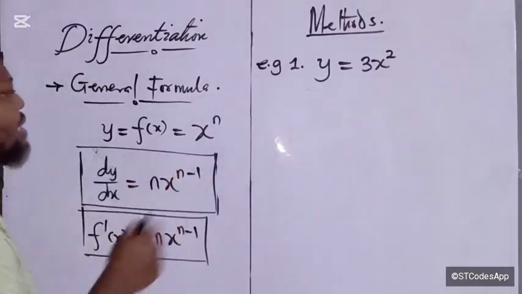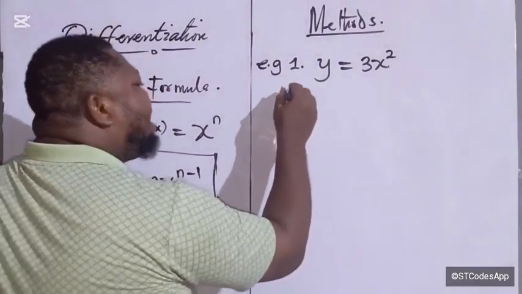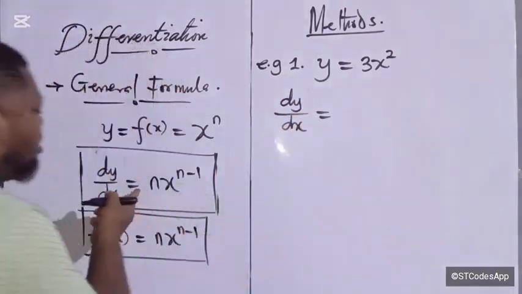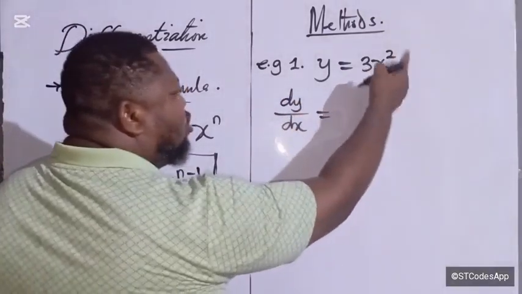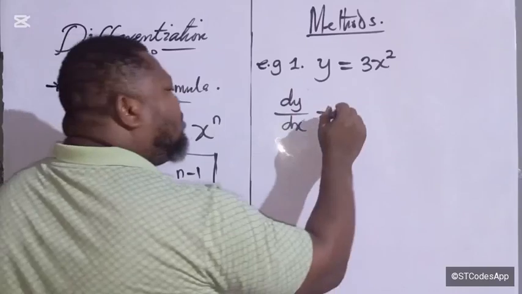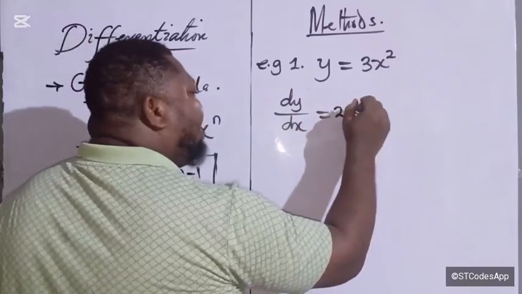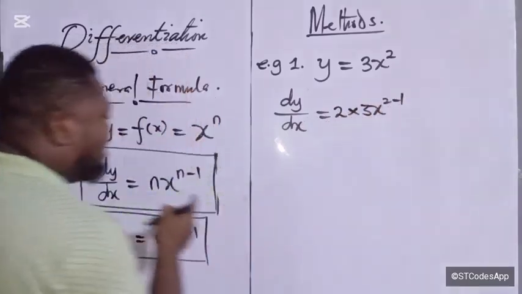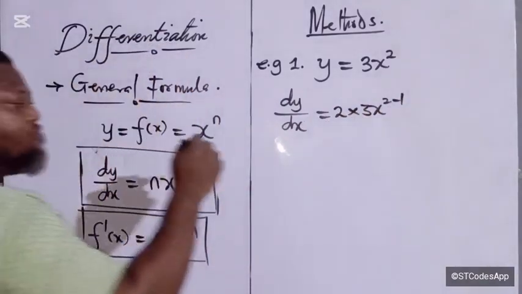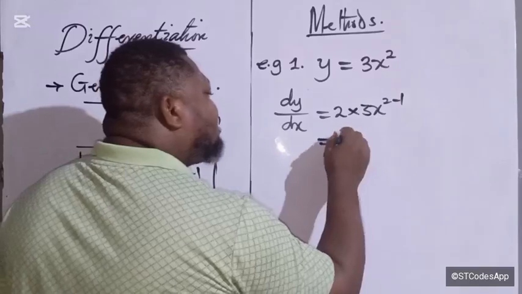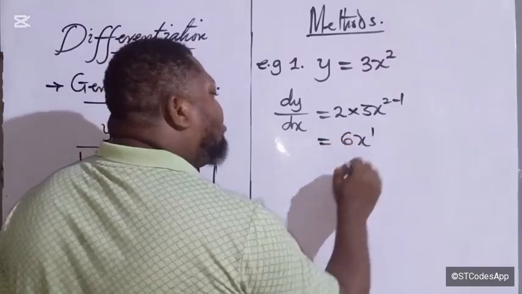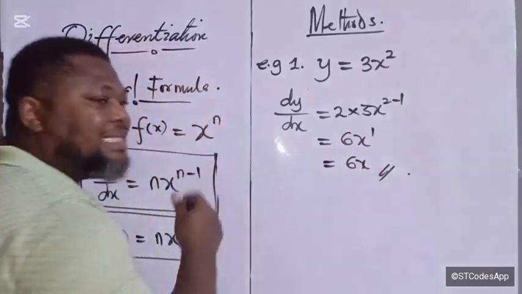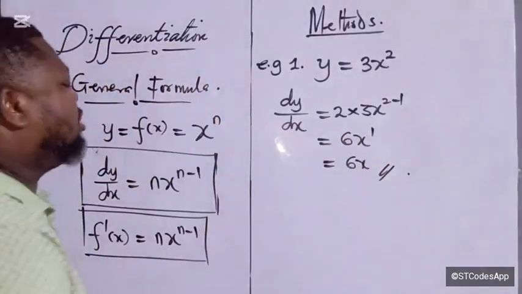Applying this formula, this n will come down, so we'll now have 2 multiplied by 3, then x to the power 2 minus 1. So we now have 6x to the power 1, which is 6x. Very simple.